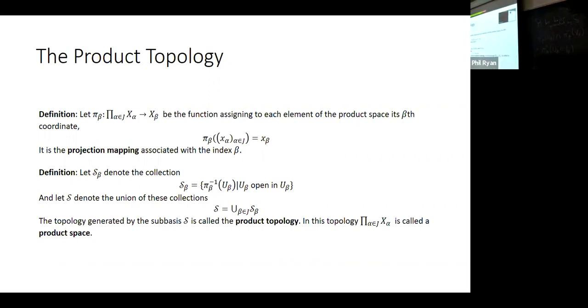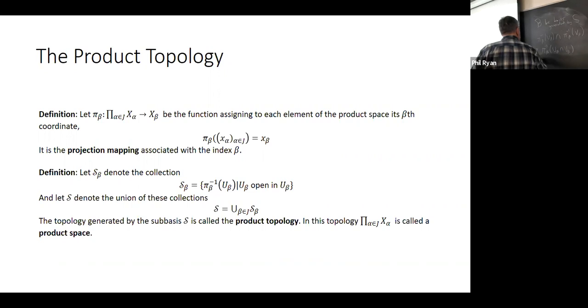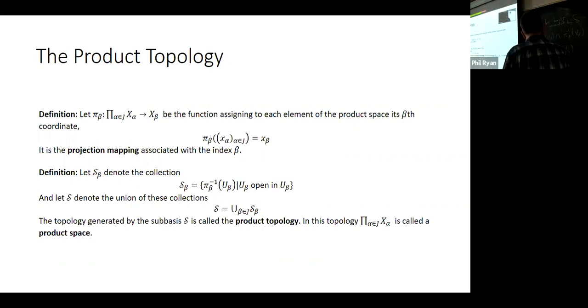But if they're in different factors, so if we've got pi inverse alpha of U alpha intersected with pi inverse beta of U beta, right?